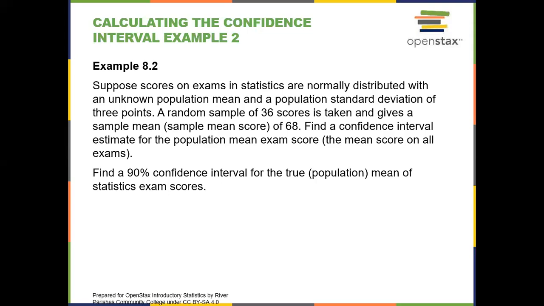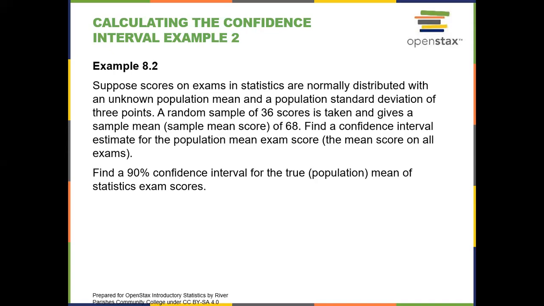Okay. Suppose that scores in exams in statistics are normally distributed with an unknown population mean and a population standard deviation of 3 points. A random sample of 36 scores is taken and gives a sample mean of 68. Find the confidence interval estimate for the population mean exam score, the mean score on all exams.